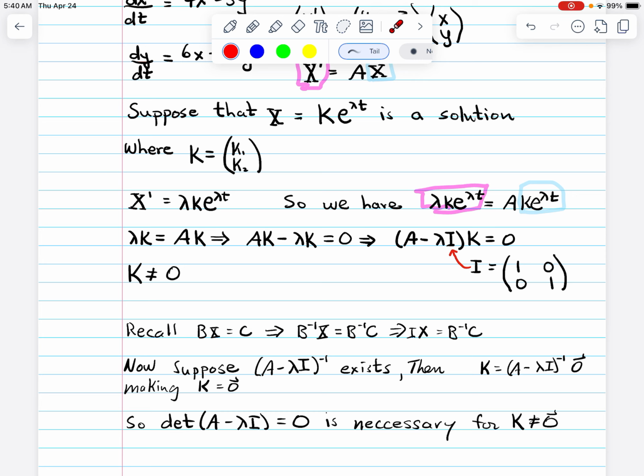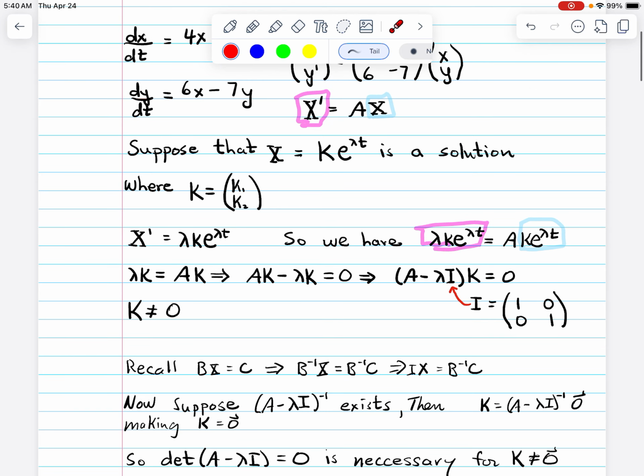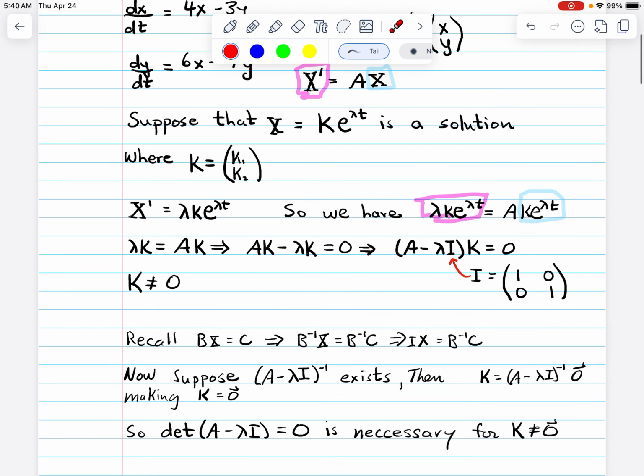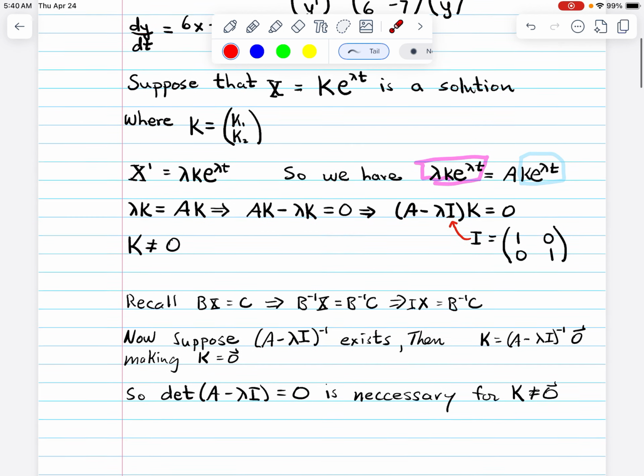We're going to assume that K is not 0, because if it's 0, then that's just a trivial solution. We're just saying K1 and K2 are 0, so the solution is the 0 matrix. Well, we don't want to do that. We want to find a different solution where K is not equal to 0.